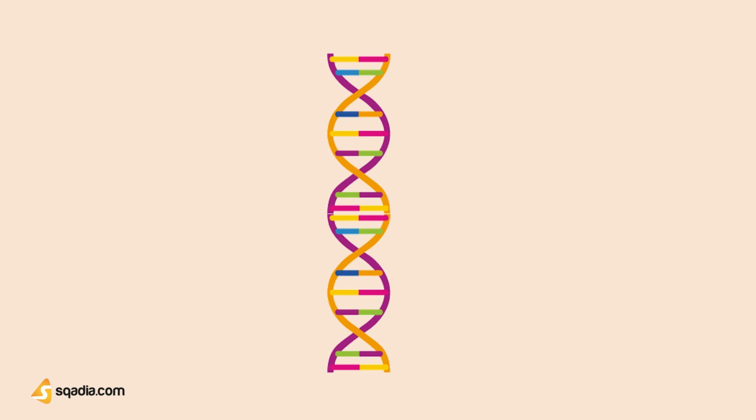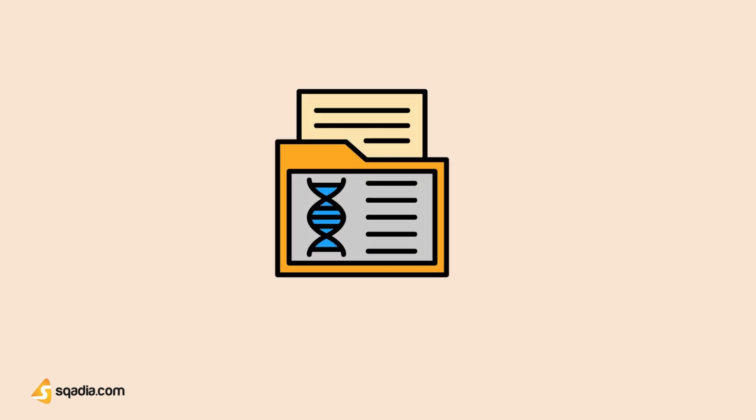Your genome is made of a chemical called deoxyribonucleic acid, or DNA for short. So, DNA is a long molecule that contains our unique genetic code, like a recipe book.